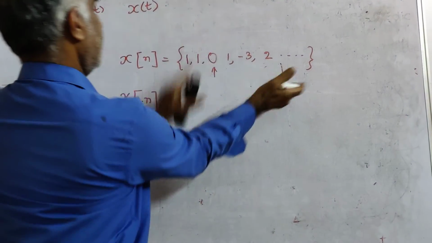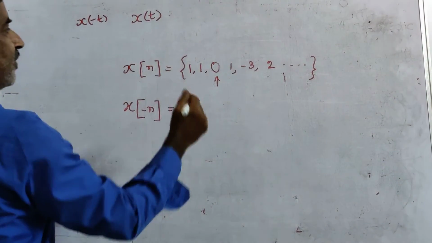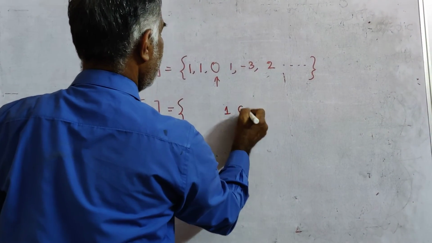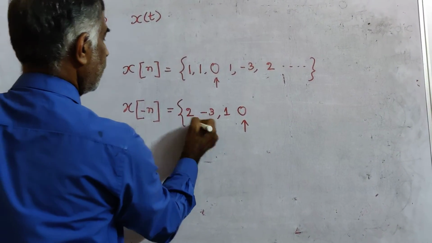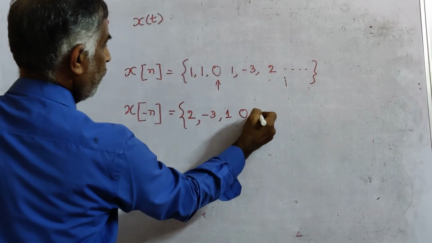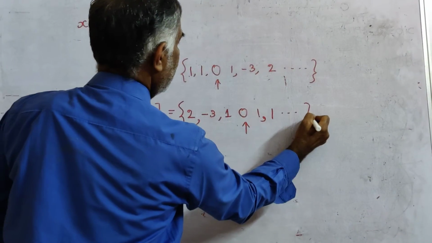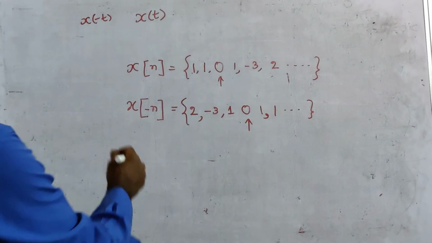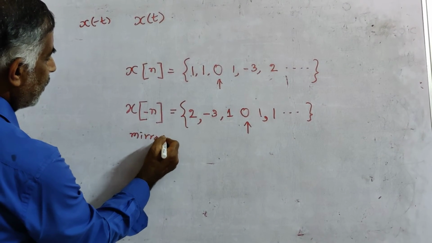Mirror imaging means if you turn like this, it becomes 1, minus 3, 2. Then this one occupies the position here, this one occupies this position. This is what is called a mirror image. x of minus n is called the mirror image.